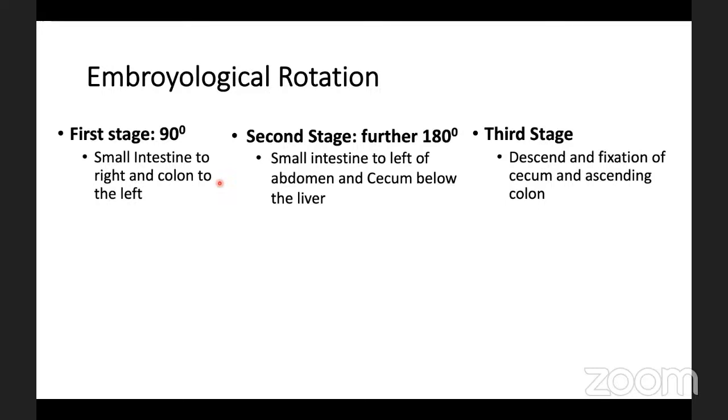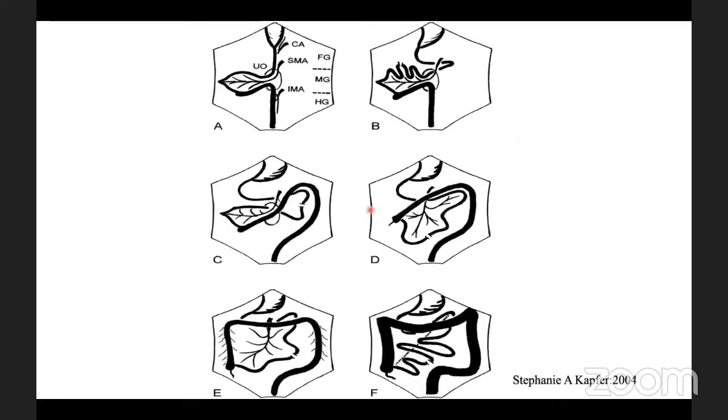In the first stage, which is 90 degrees, the small intestine during herniation goes to the right and the colon to the left. In the second stage, a further 180 degree turn, the small intestine turns to the left and the cecum lies below the liver. And in the final stage, there is further descent and fixation of the cecum and ascending colon.